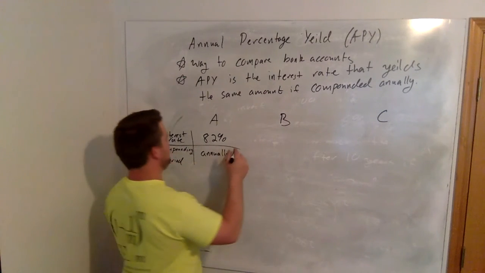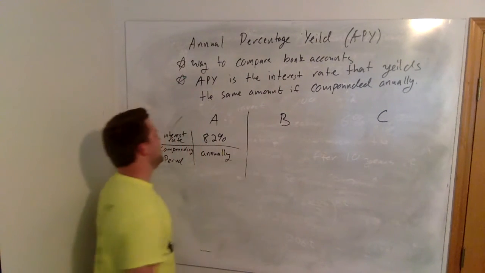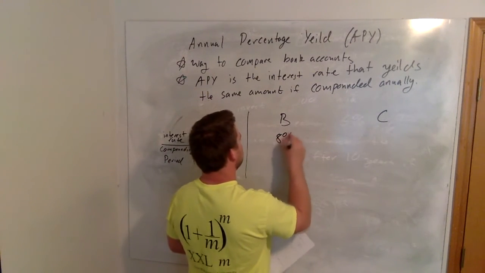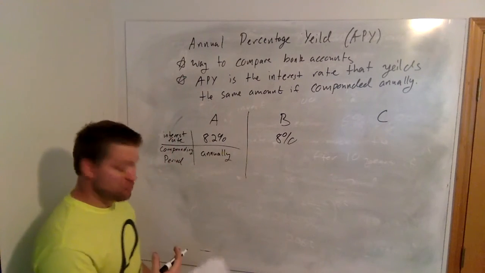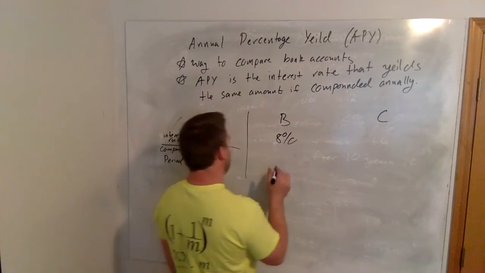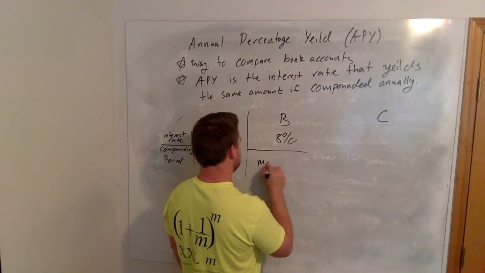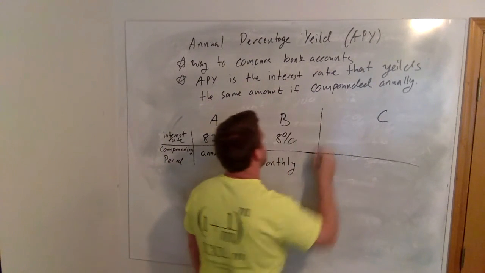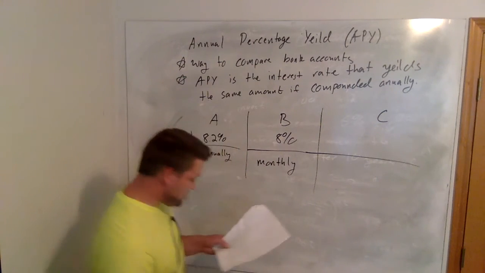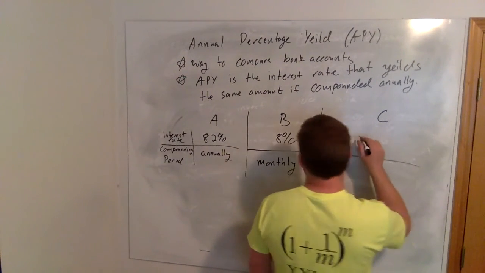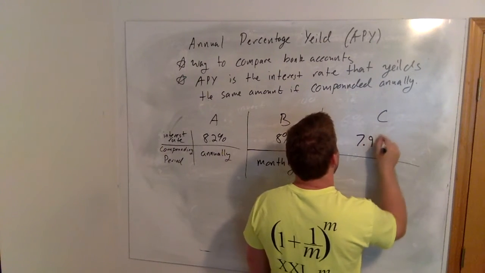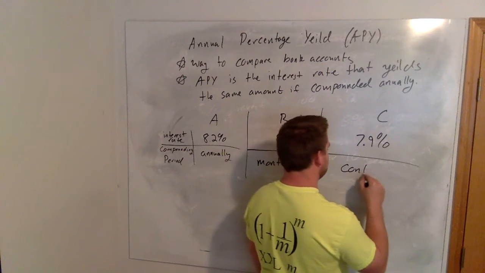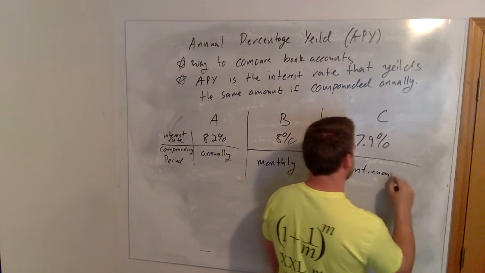Okay, so for this bank account, it's annually. For Bank B, let's say it's 8%. So we have a lower interest rate, but let's say it's compounded monthly. Okay, Bank C here, let's say this has a lower interest rate. Let's say this is a 7.9% interest rate, and let's say it's compounded continuously.